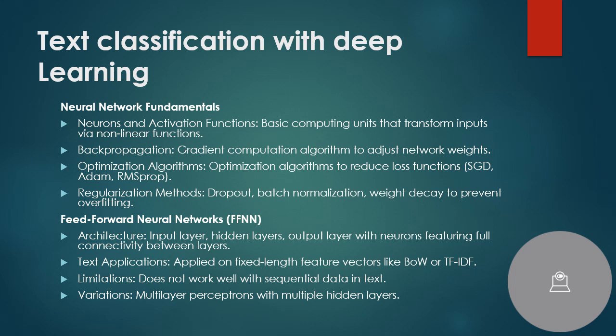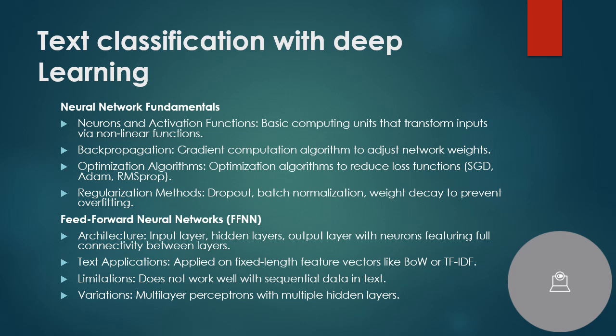Moving beyond the traditional methods, now we'll see text classification with deep learning, which covers neural network fundamentals and feed-forward neural networks. In the neural network fundamentals, we have neurons and activation functions that perform the basic computations, and activation functions like sigmoid and tanh are used to introduce non-linearity.